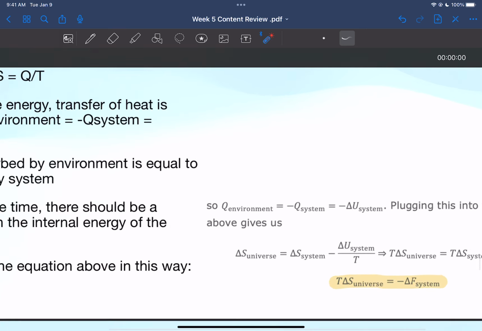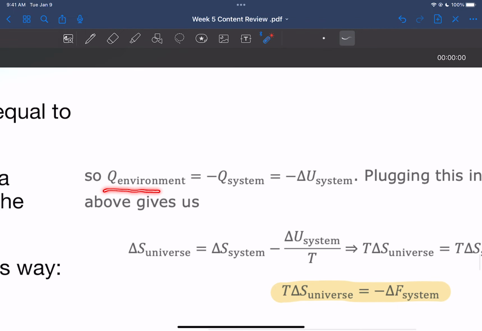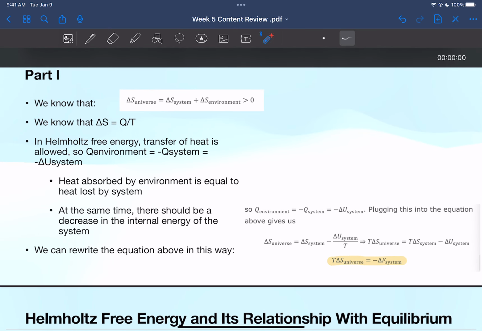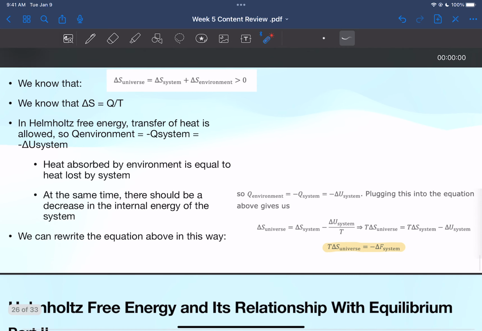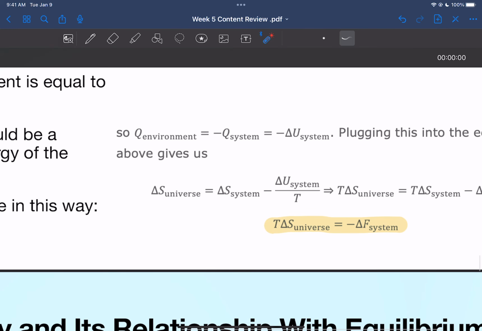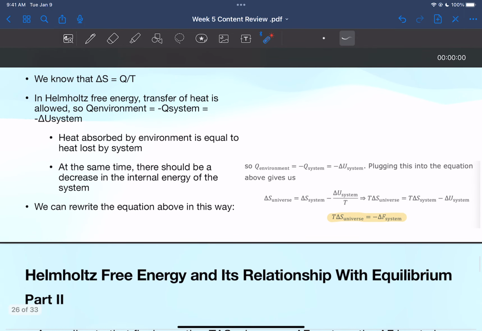So if we write this expression here, Q environment, the heat absorbed by the environment, is the heat lost by the system, and that means internal energy lost by the system, right? Then, if we have this expression, we simply divide by temperature all the way around.